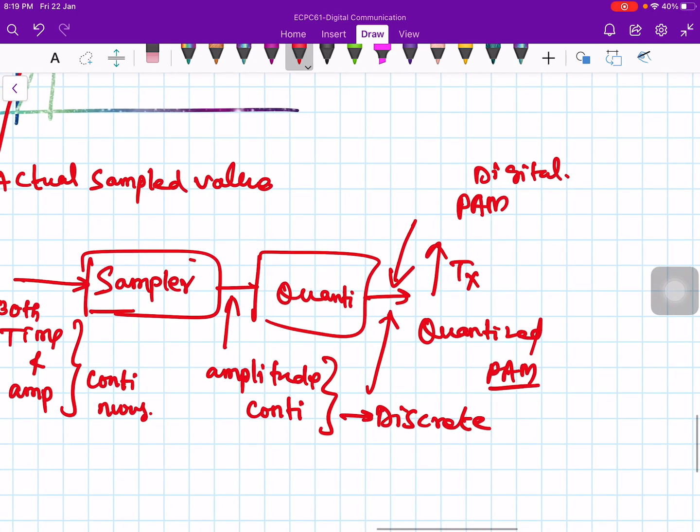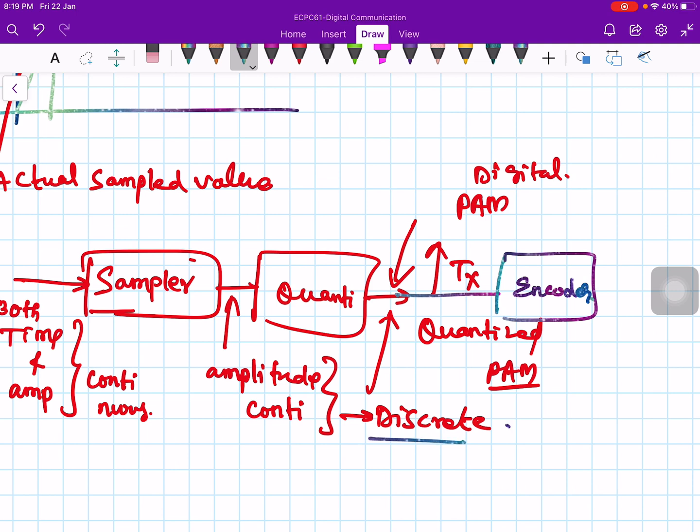Therefore, the output of the quantizer is given to an encoder. The encoder converts this discrete value into a binary value. Suppose you get 4 volts, this 4 volts will be converted into a binary number. Let's say I am going to use 4 digits, then 0100. If you have 6 volts, then it will be 0110, like that.